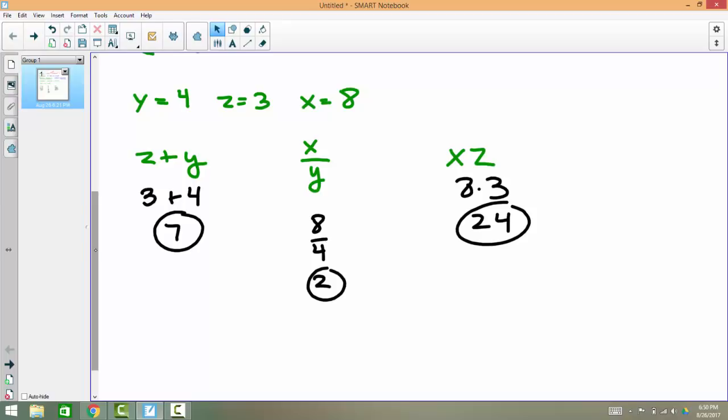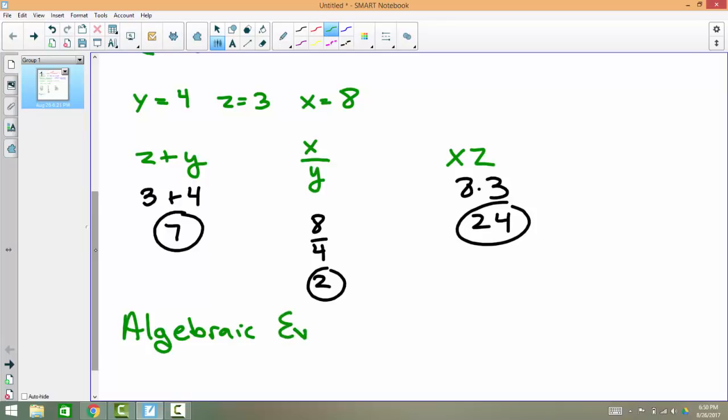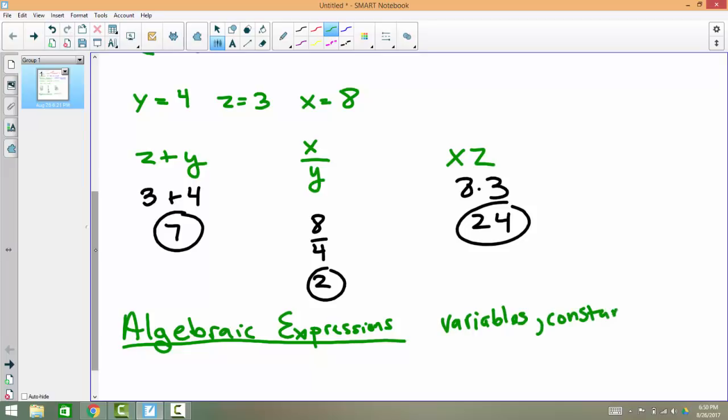And these were algebraic expressions, which will be our next vocabulary word. So an algebraic expression is a little mini equation with variables, constants, and operations.